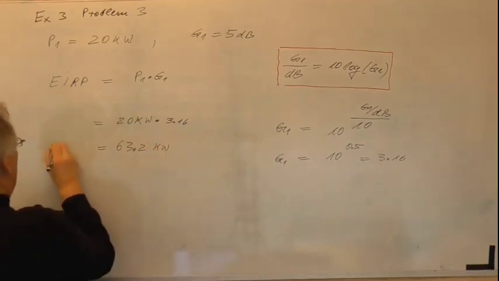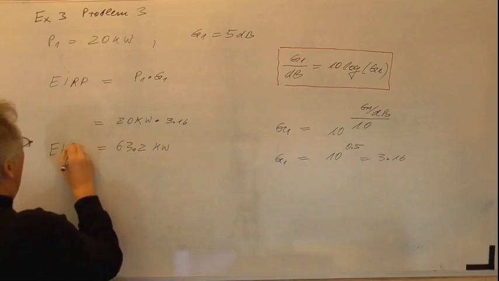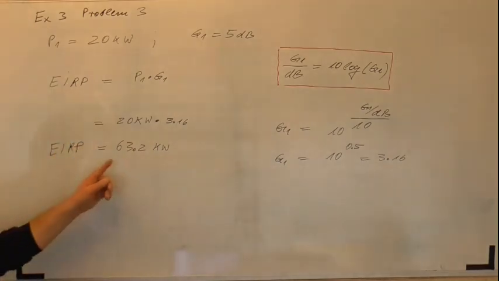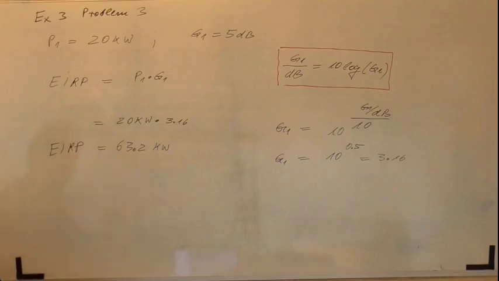So this will be the isotropic radiated power in the direction of the main beam.